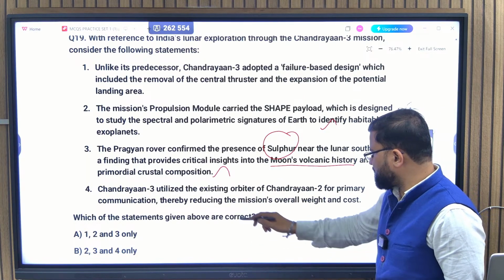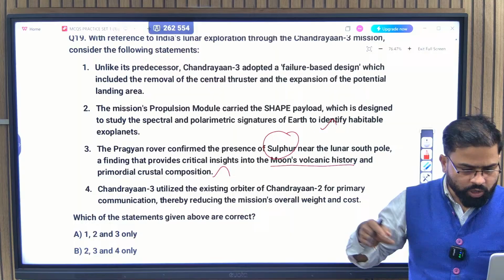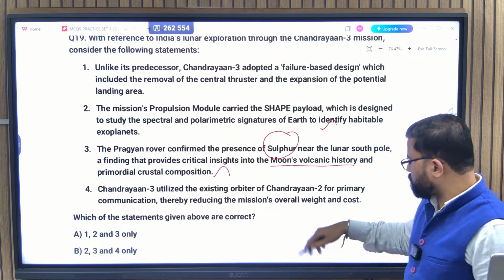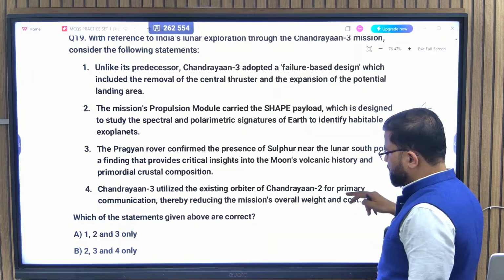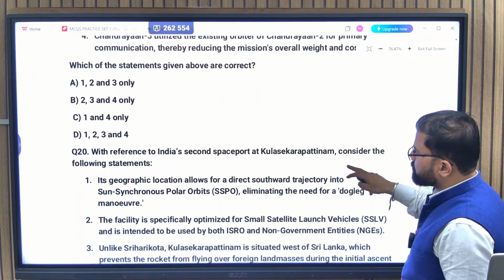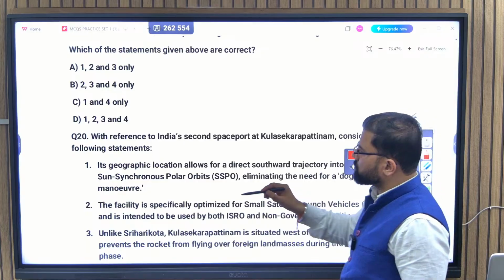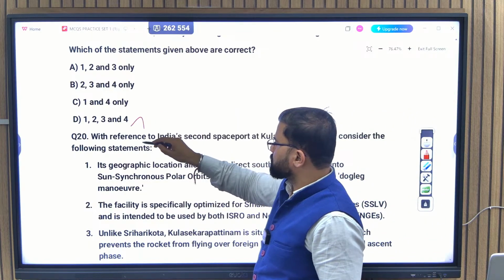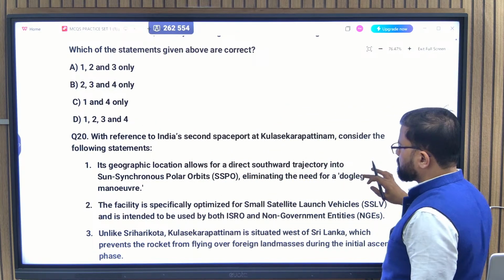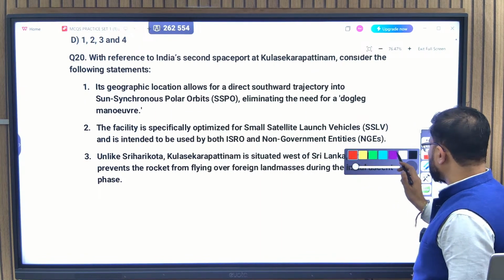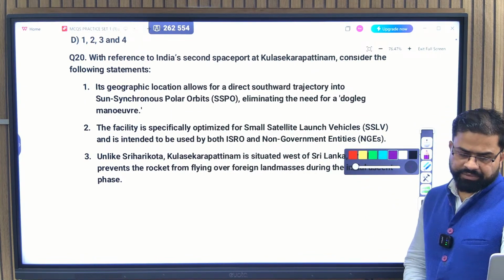Chandrayaan-3 utilized the Chandrayaan-2 orbiter itself. So this is also true. All four statements are correct. D is the answer. Read question number 20.